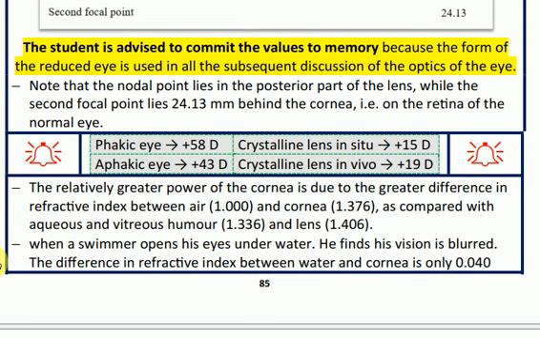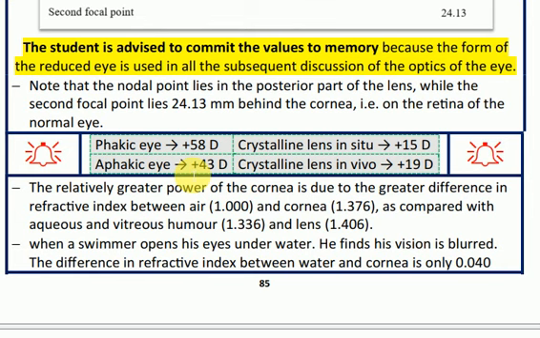The cornea is the only refracting element remaining in the aphakic eye. It has a power of 43 diopter, 3 times as powerful as the crystalline lens in the intact eye.